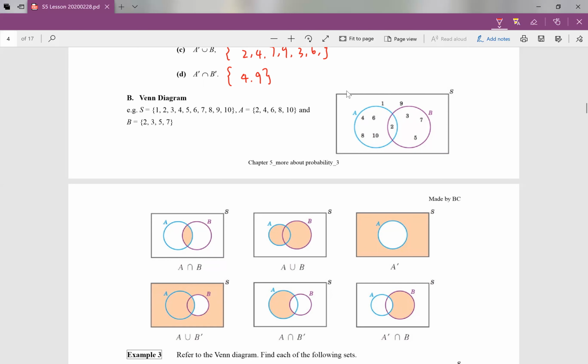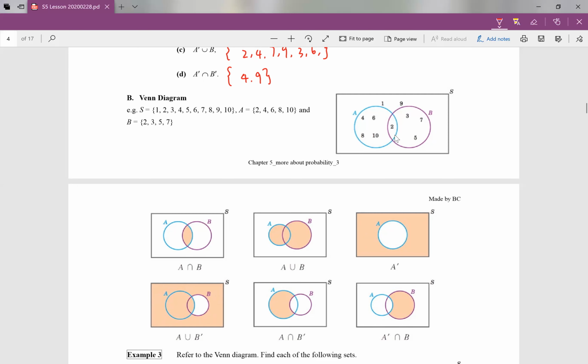You can use a large rectangle to represent all the numbers concerned. That means 1, 2, 3, 4, 5, 6, 7, 8, 9, 10, all the numbers. Set A is represented by a circle. And inside the circle, you have all the elements 2, 4, 6, 8, 10. And this is all the elements inside B, 2, 3, 5, 7.